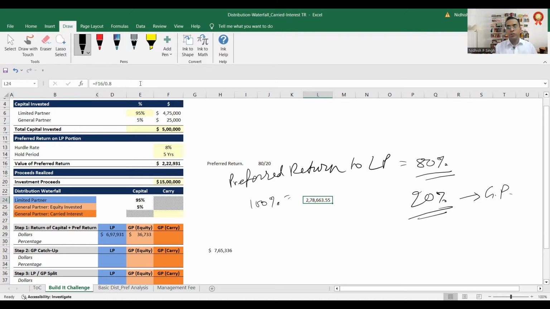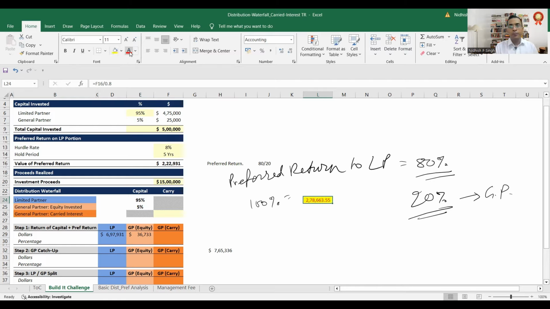This is my 100% amount. Let me highlight for your convenience. So if this is 100%, then what is 20% as written here? Because we need to give GP 20% GP catch-up. So GP catch-up would be 20%, which is 55732.